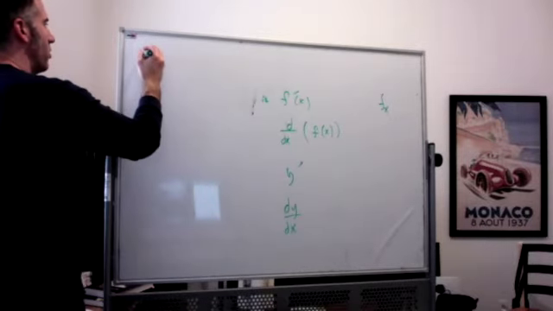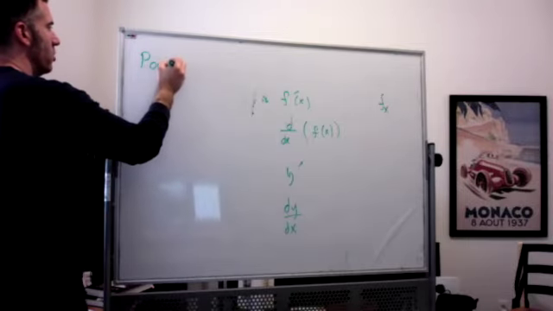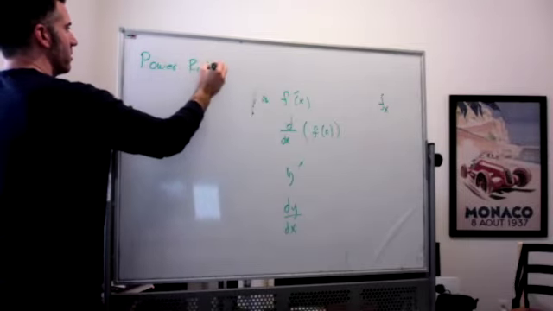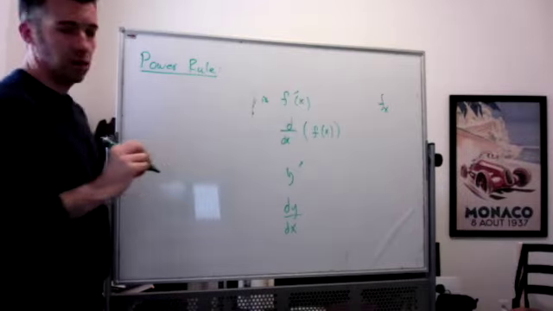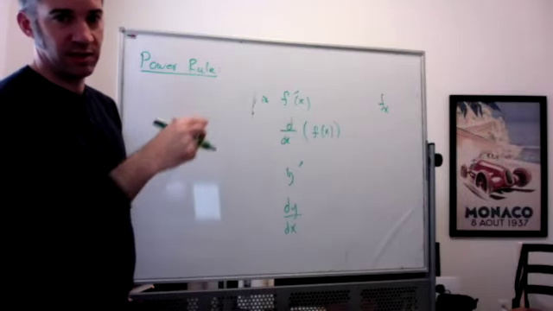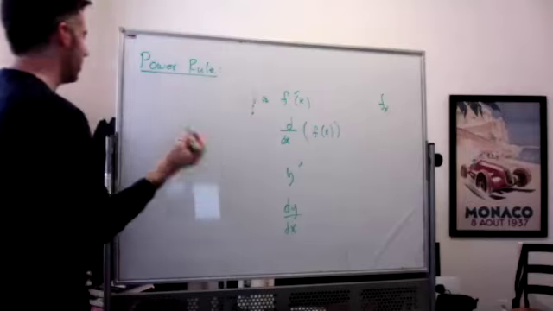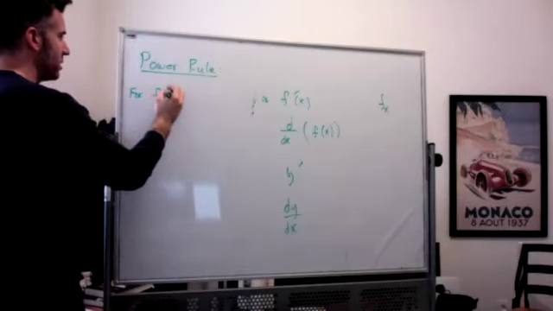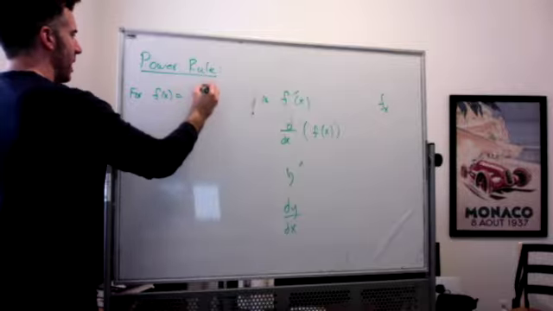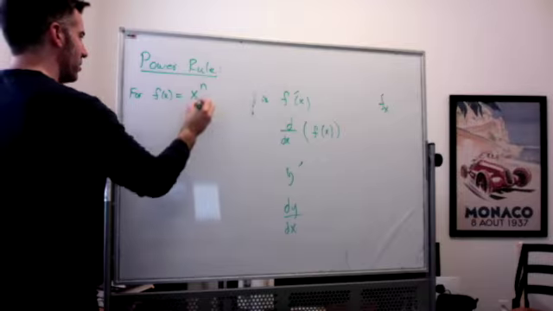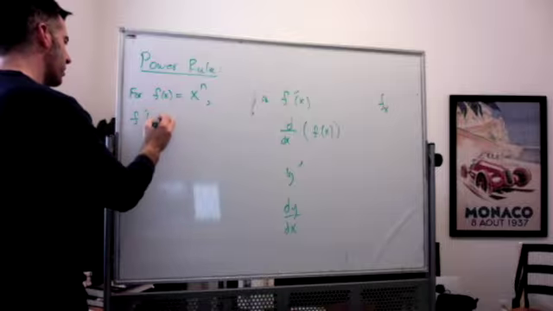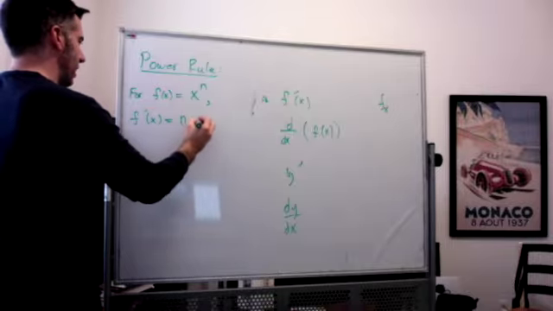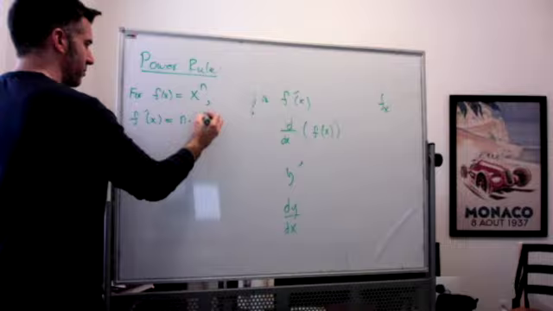So let's talk about the power rule. The power rule for derivatives. The reason I wrote this is because I like to write it a different way. So one way you could write it is, for f of x equal to x to the nth power, the derivative is n times x to the n minus 1.